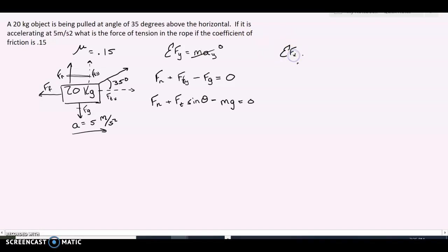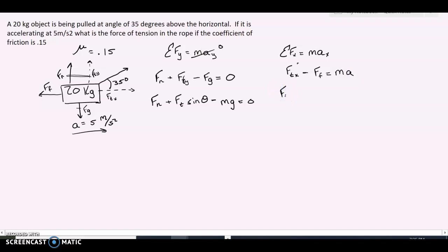Sum of the forces in the x equals our mass times our acceleration in the x. So looking at our force diagram, we have our force tension x minus our force of friction equals mass times acceleration. Alright, so let's plug some stuff in.